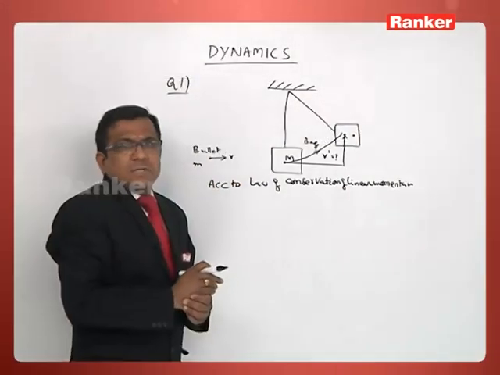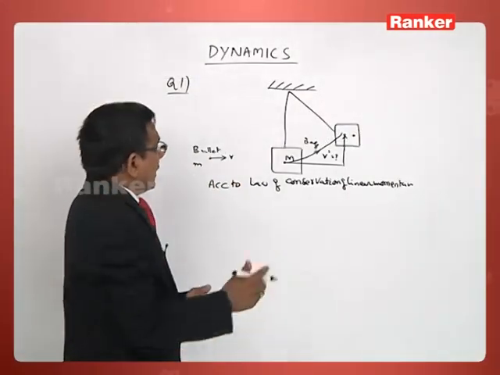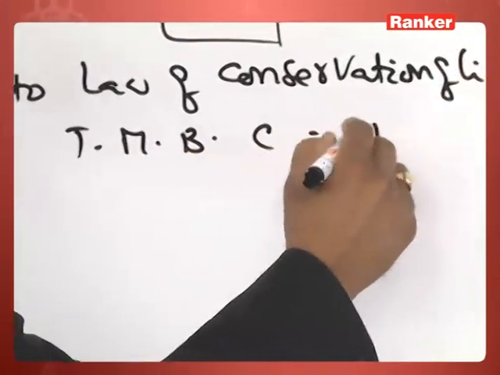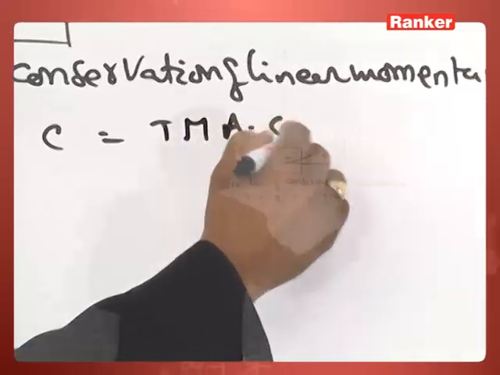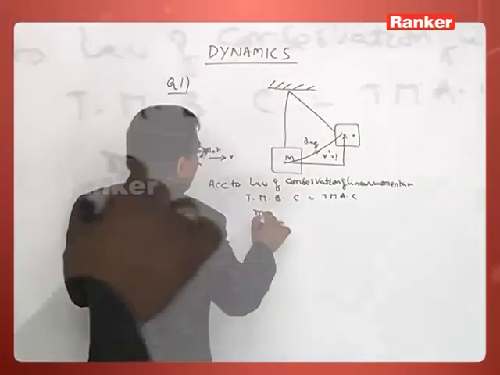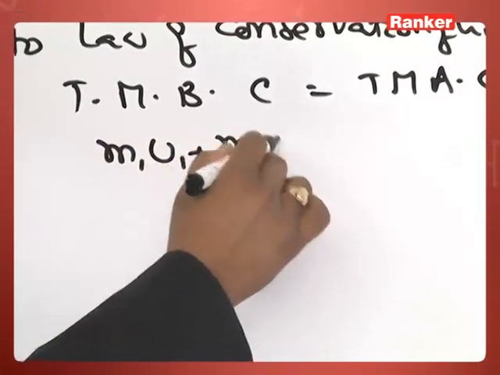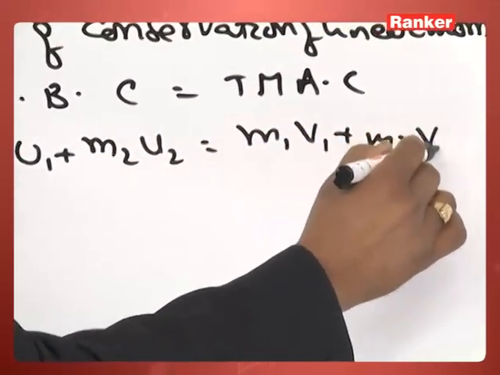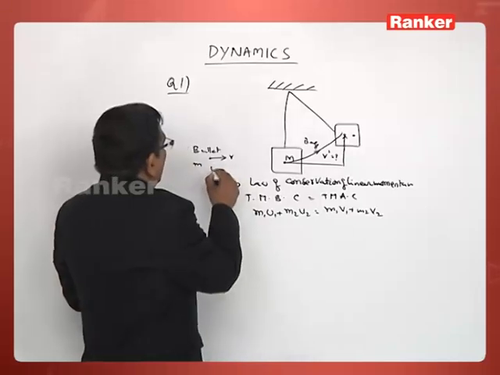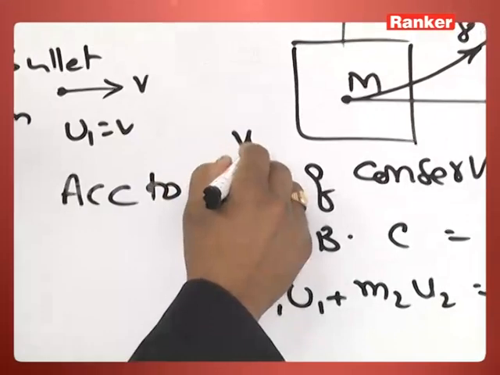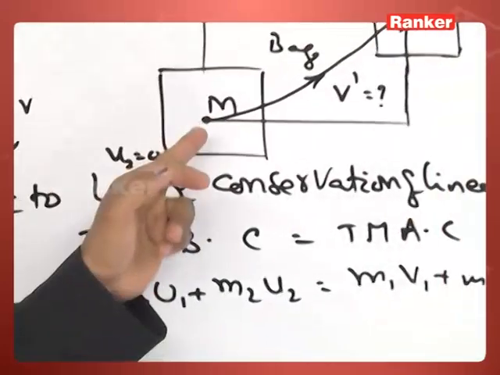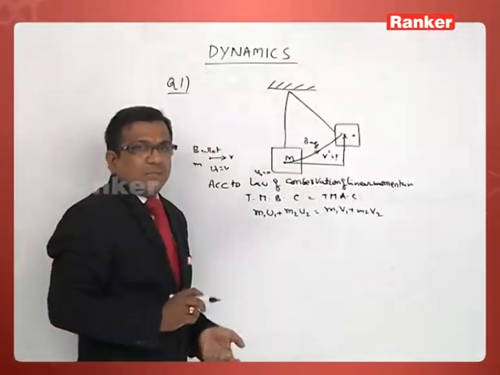In conservation of linear momentum, whenever two bodies collide, total momentum before collision is equal to total momentum after collision. Using the standard formula, m1u1 plus m2u2 is equal to m1v1 plus m2v2. Here u1 is v and u2 is 0, as the bag is at rest before collision. After collision, both together move with a velocity v prime.